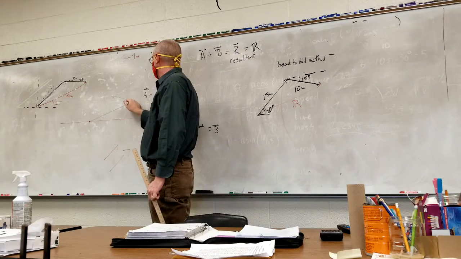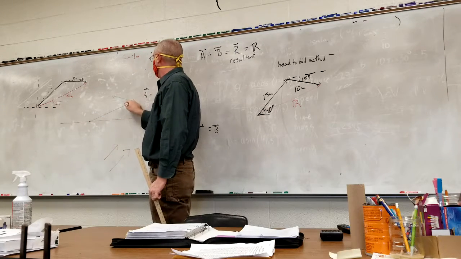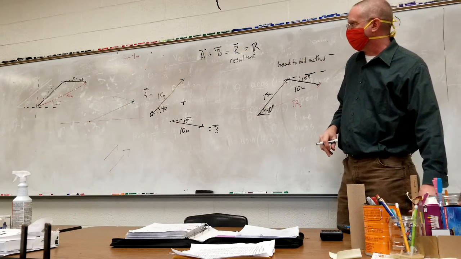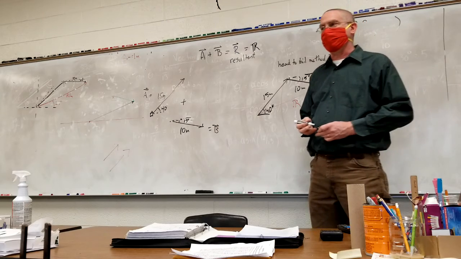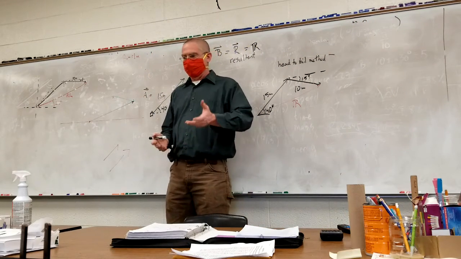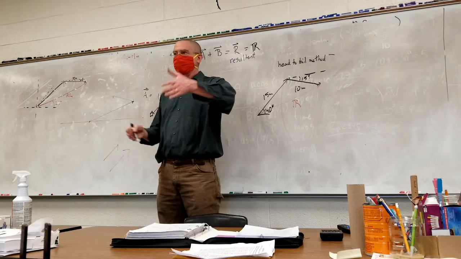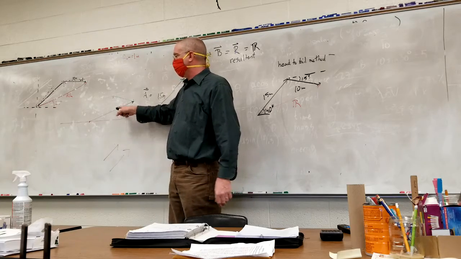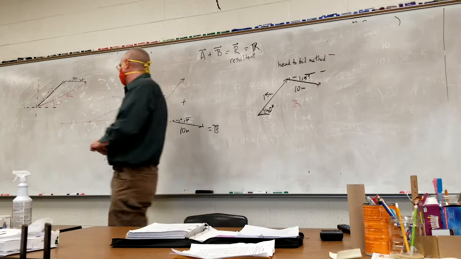I put the head on here. This would be the direct, as the crow flies. How do you get from one place to the other? That's the resultant. I mean, in reality, if you're walking, you might have to go around blocks and buildings. You generally can't cut through a building, directly at least. And so this would be the as the crow flies direction.